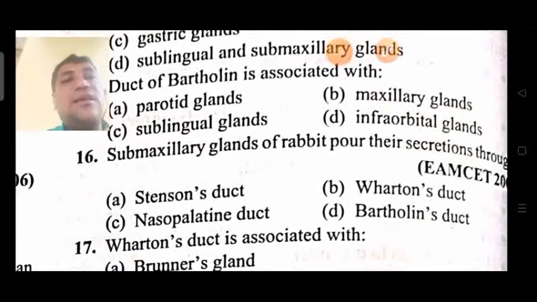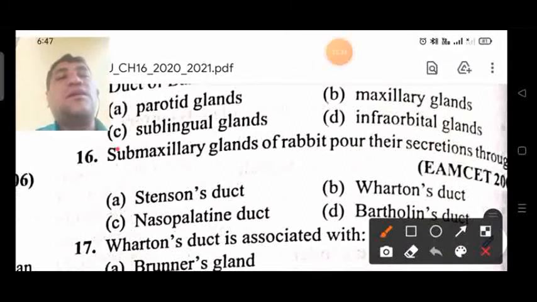Sublingual glands are just below the tongue in the buccal cavity. So the ducts of Bartholin are the ducts pouring the secretions from the sublingual glands into the oral cavity. So the answer here is sublingual glands.